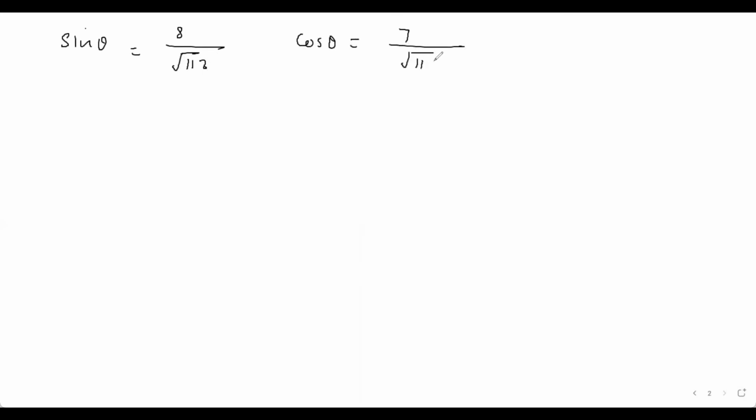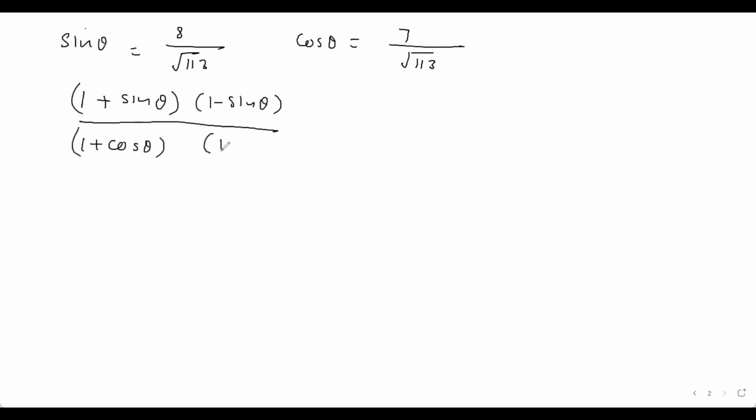I am to find the value of (1 plus sine theta)(1 minus sine theta) upon (1 plus cos theta)(1 minus cos theta). It means I am to find the value of 1 minus sine square theta upon 1 minus cos square theta, since (A plus B)(A minus B) is equal to A square minus B square.